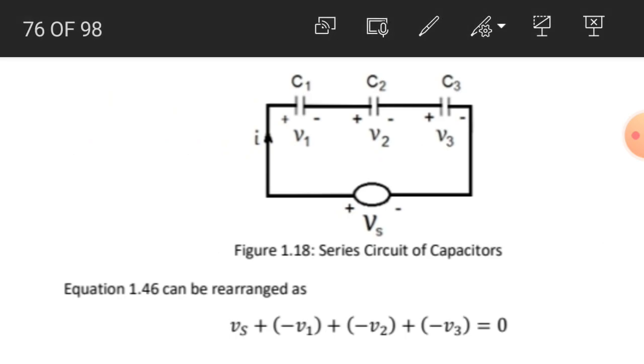We apply a time varying voltage across the series combination of these 3 capacitors. There will be a time varying current in this series combination, and this time varying current results in a voltage drop across C1, which is V1, a voltage drop across C2, which is V2, and a voltage drop across C3, which is V3.